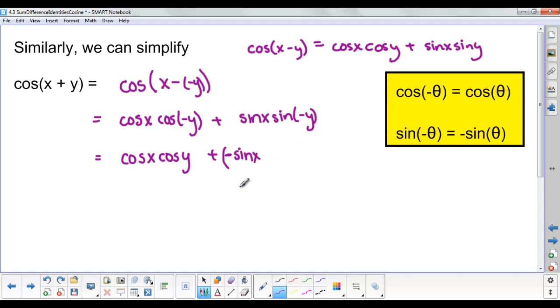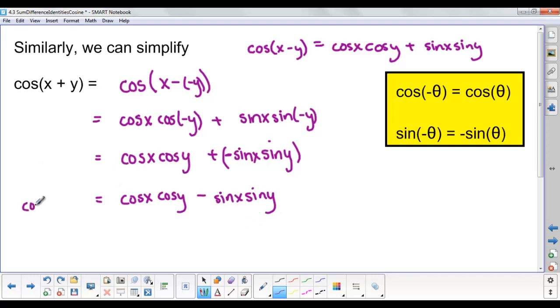I'm just going to put that negative sign there, and then times sine positive y. To finish this up, we have cos x cos y, and then plus some negative term. So really it's just subtract sine x times sine y.